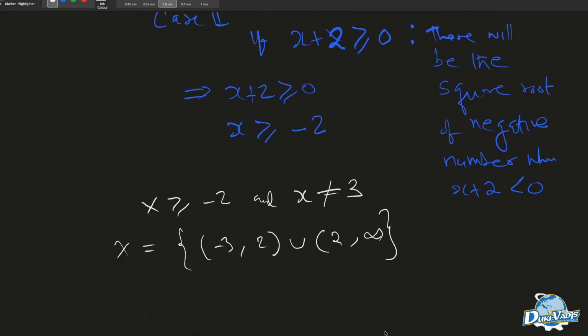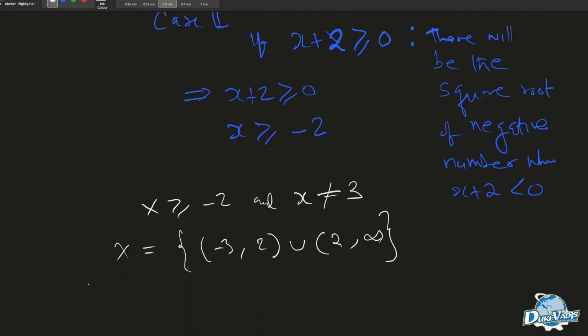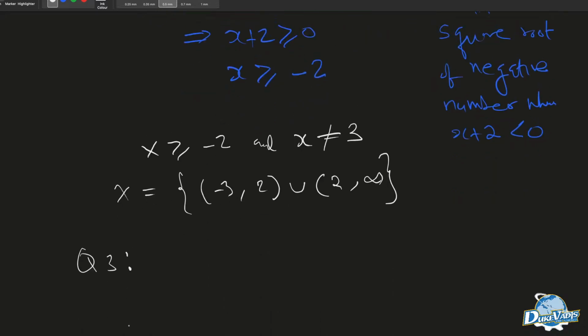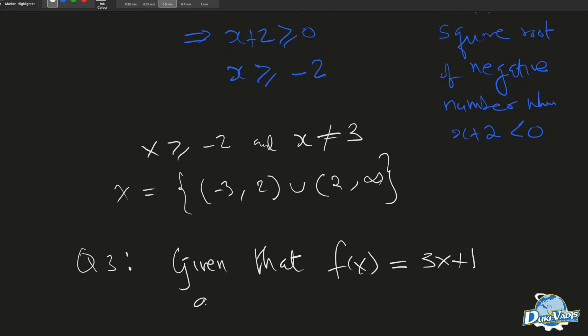Let's look at the third question. Our third question says, given that function f of x is given as 3x plus 1 and g of x is given as x over x squared plus 5.